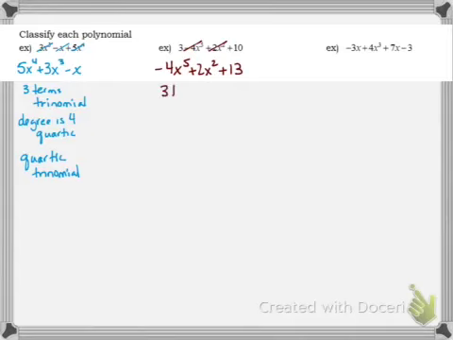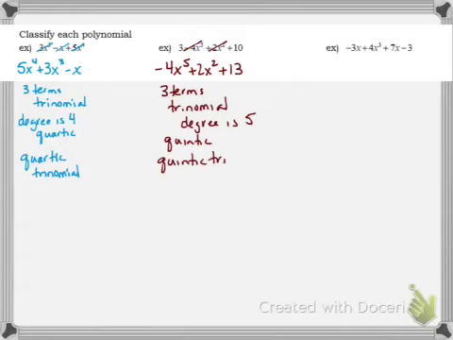There are 3 terms. This is called a trinomial. And the degree of my first term is 5. And so we have a name for 5 that is called quintic. And so what we have here altogether is a quintic trinomial.